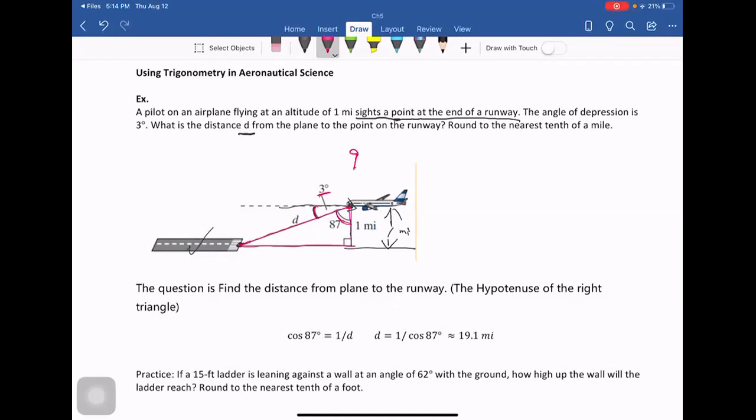Use 90 subtract 3, we get 87 degrees. So in this triangle, we know this acute angle. We also know the height. That means the adjacent of 87 degrees. So we can find the D. So which trig function must I use?